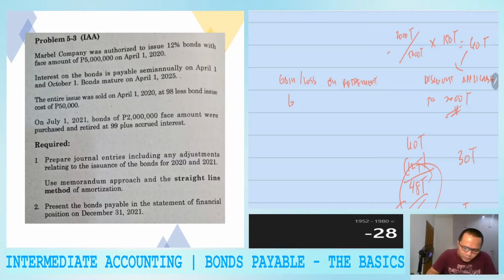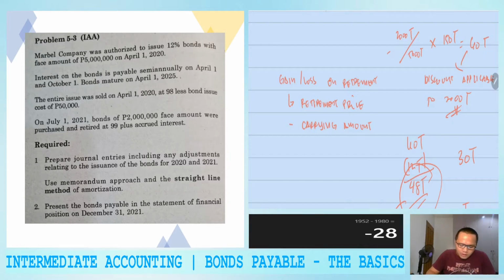That is basically computed lang as retirement price, okay, less carrying amount, okay? Again, remember ha, retirement price, not the total cash outlay.